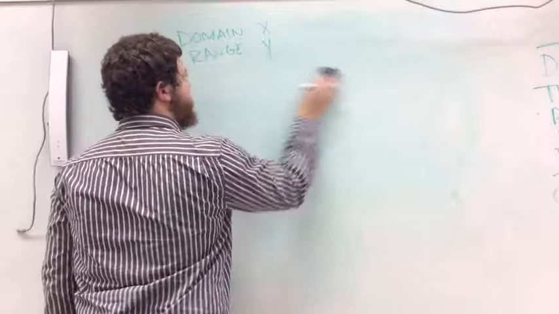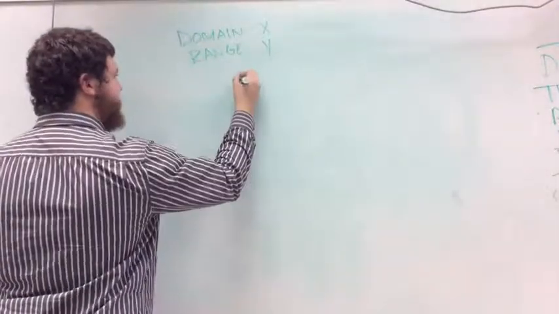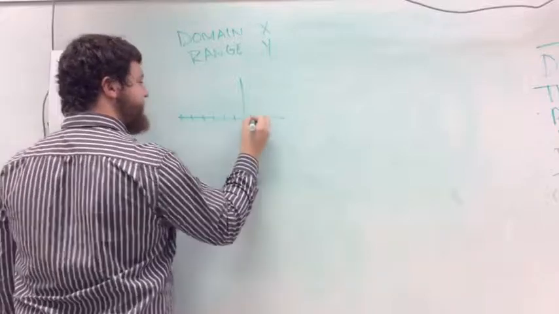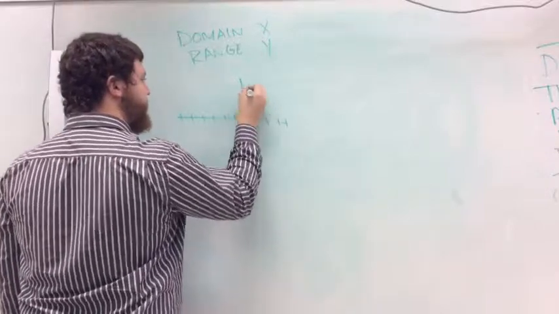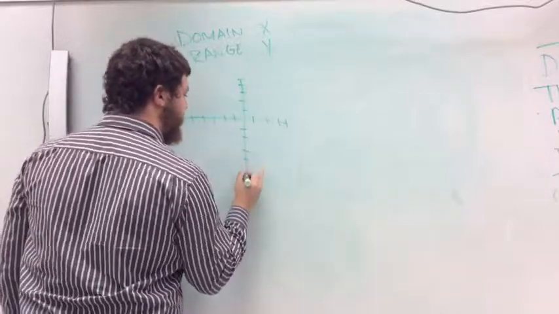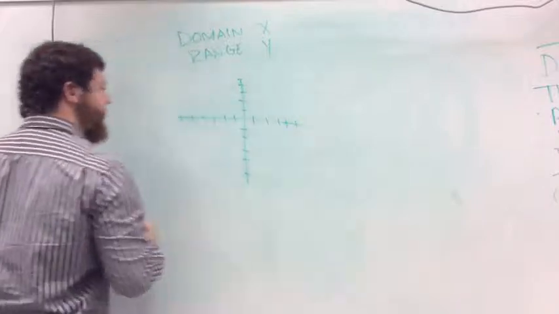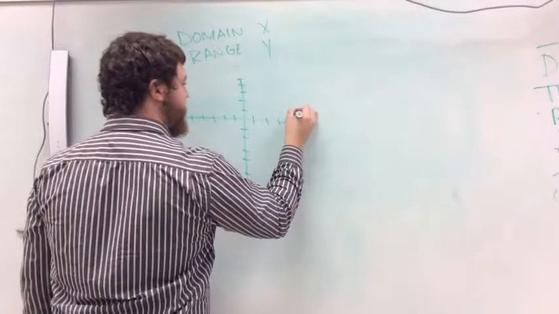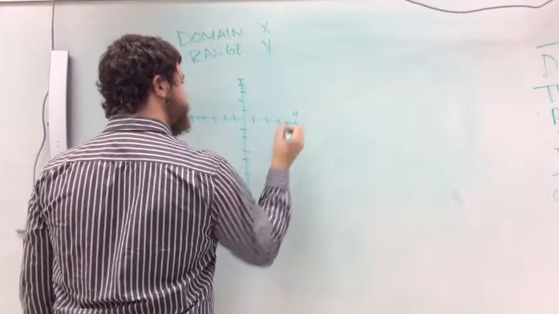So let's say I've got my little lovely graph right here. I go 1, 2, 3, 4, 5, 6, and up and down 1, 2, 3, 4, 5. I put a dot here, and on this end I've got an open circle.